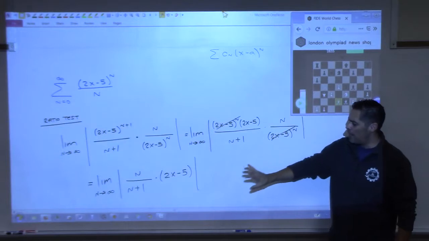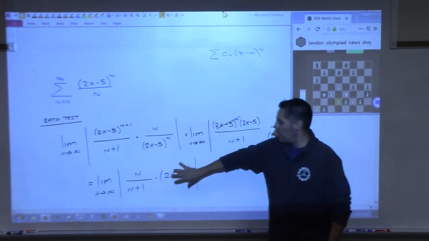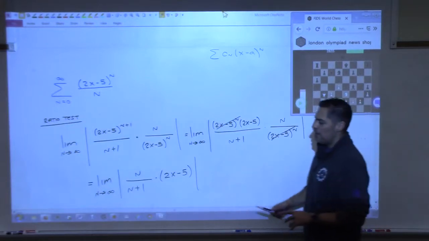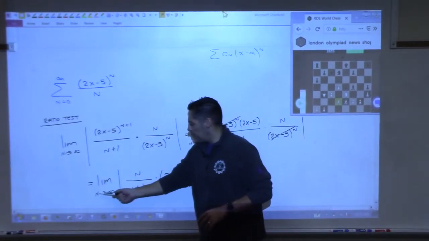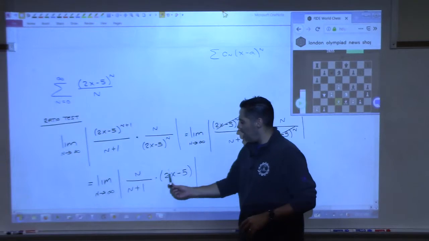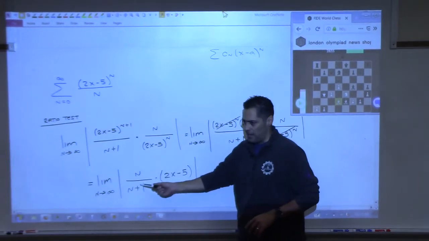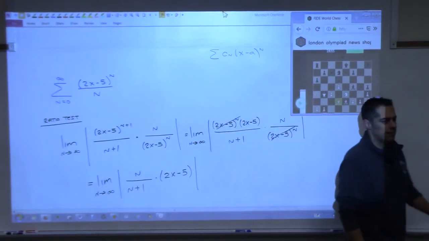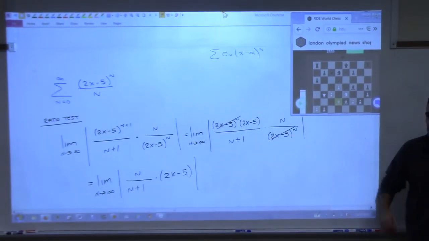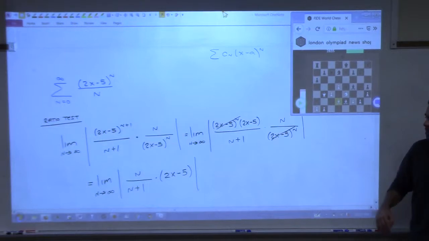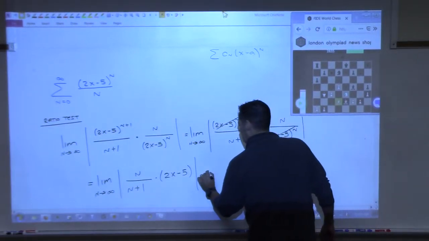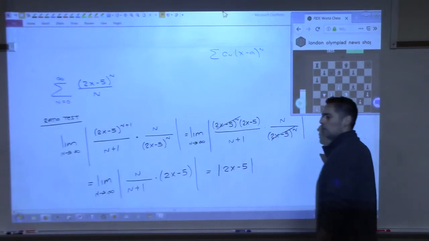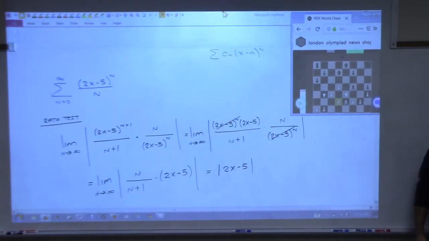I decided to group my n's up over here and put my stuff with the x's over to the side. The reason is because I'm taking the limit as what goes to infinity? N, right? So this doesn't have n in it. This has n in it. Now, what is the limit as n goes to infinity of that? 1, right? L'Hopital there. So if that goes to 1, then doesn't this just equal the absolute value of 2x minus 5? Isn't that what that equals?